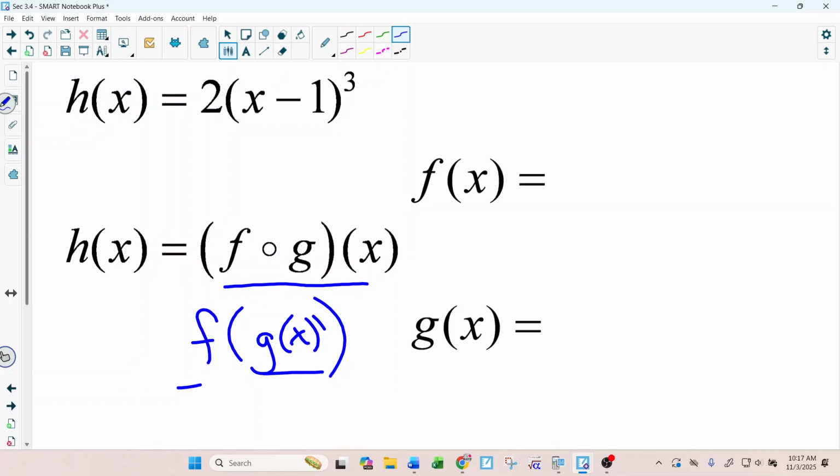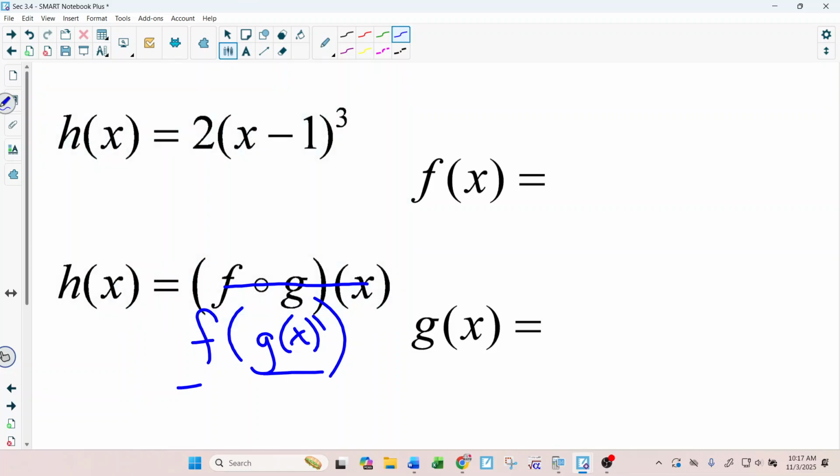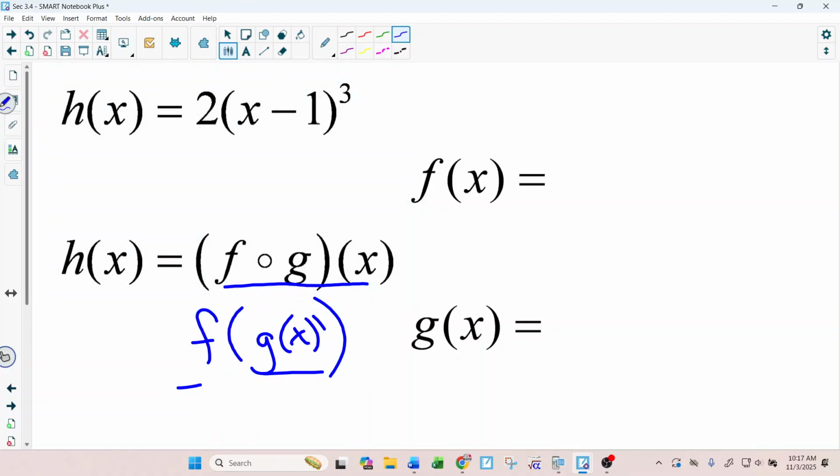If we have our original function, 2 times the quantity x minus 1, cubed, what is our inside function? What's the inside part? x minus 1. And then what would the outside part be? 2x cubed. So let's pause there for a second.